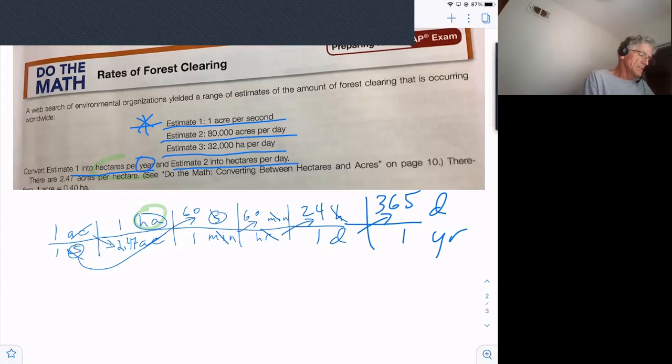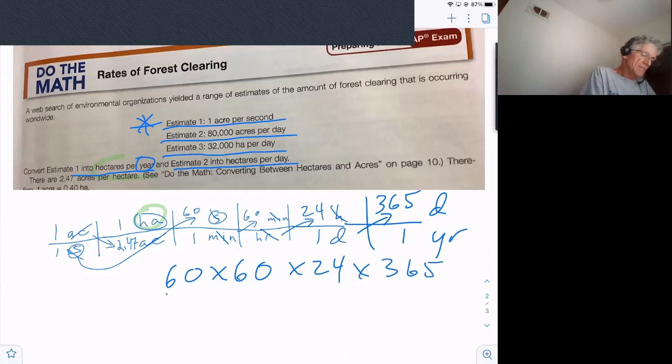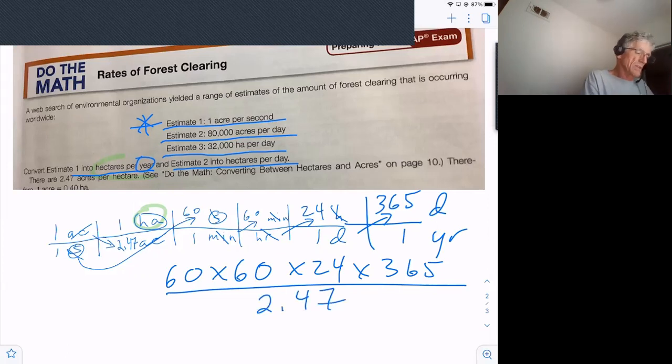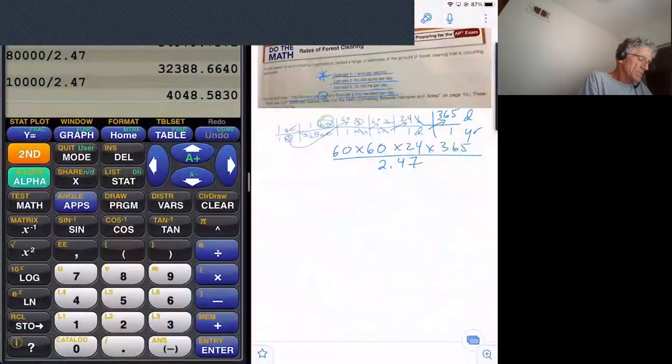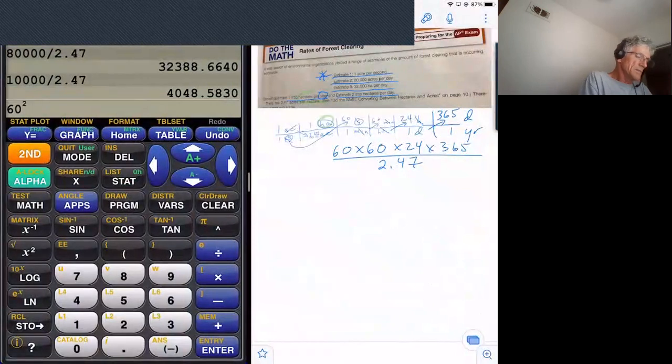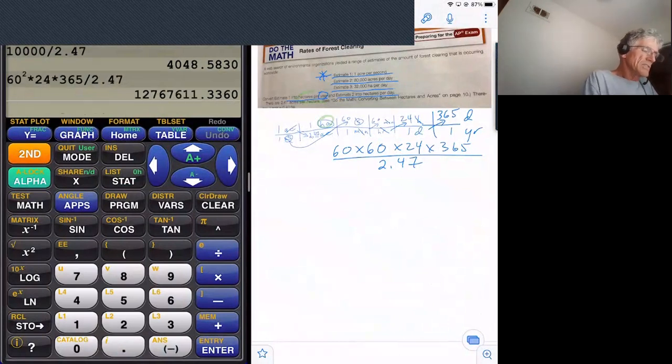Okay, so my answer is multiply all this stuff on top. You don't have to rewrite it. I'm just doing it here. And divided by the product of all the numbers on the bottom. That's just 2.47 times 1 times 1 times 1. Okay, so let's do that. 60 squared times 24 times 365 divided by 2.47 is this humongous number.